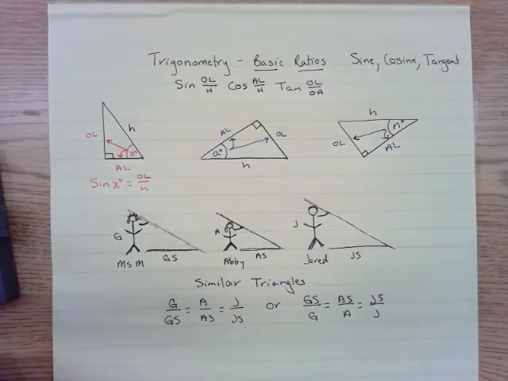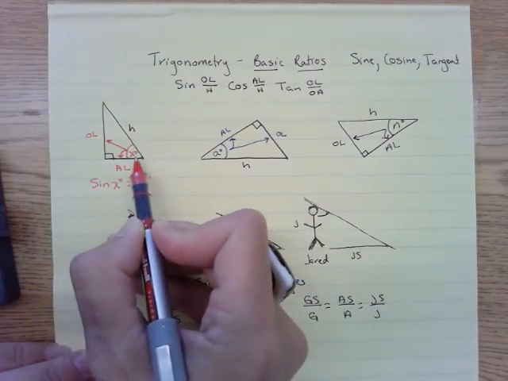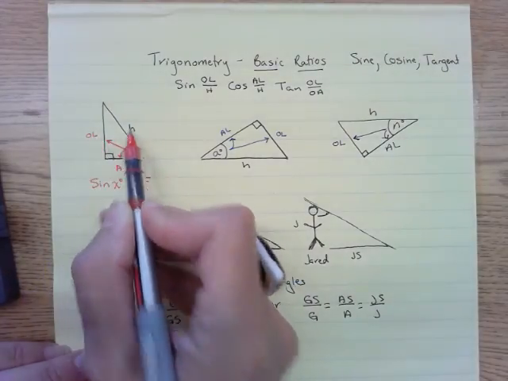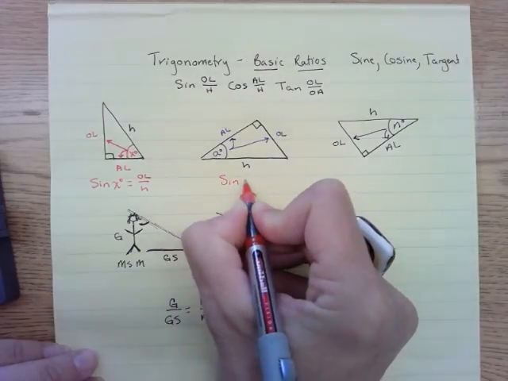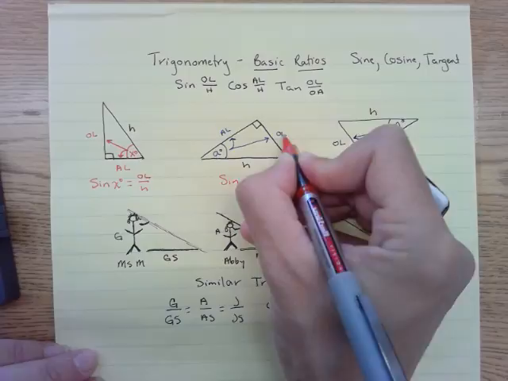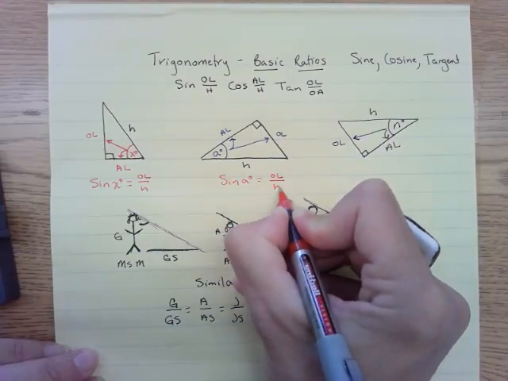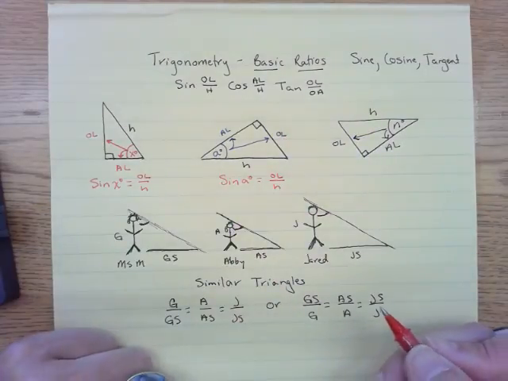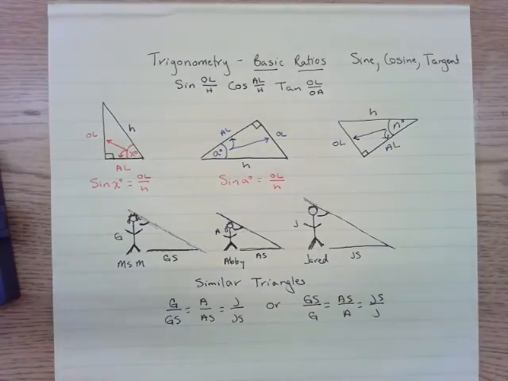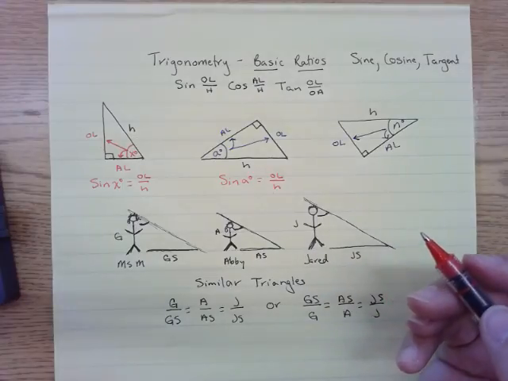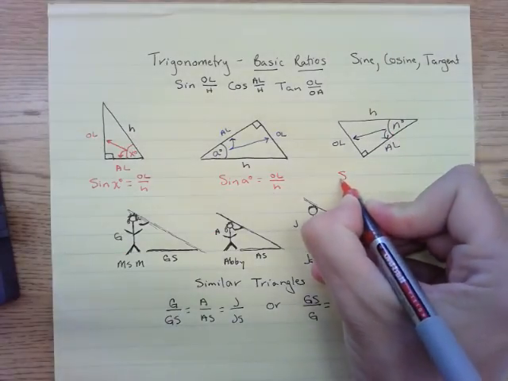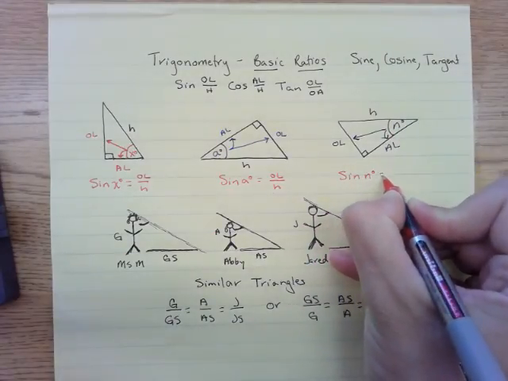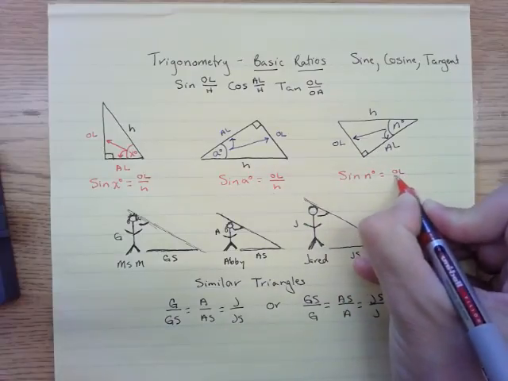But let's just start with sine. In this case, the sine of x degrees is opposite leg over hypotenuse. The sine of a degrees is opposite leg over hypotenuse. And again, once we get some numbers in here, we'll be able to manipulate some questions so we can answer some questions. And then here, the sine of n degrees, again, is the opposite leg over the hypotenuse.